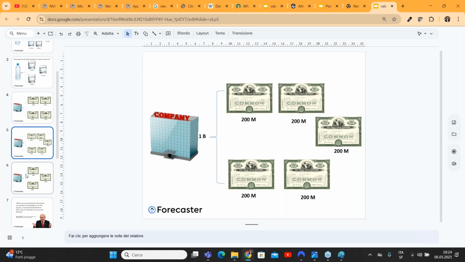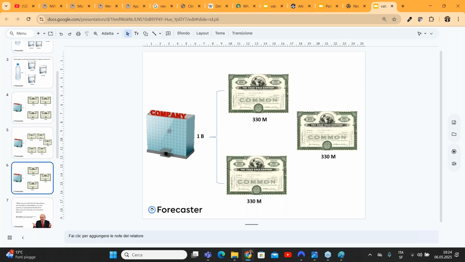The opposite happens if the company still values 1 billion and you take away 1 share from the market, the value of the free shares that remain on the market goes up and reaches 330 million.